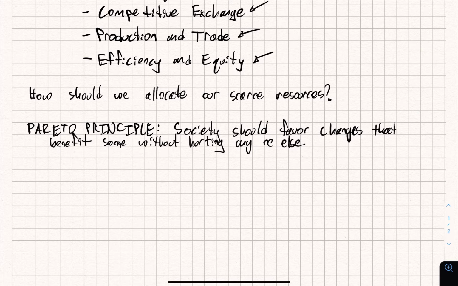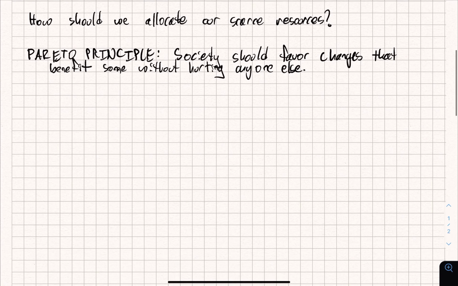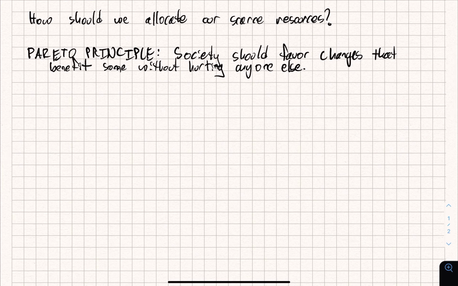So essentially what we're saying is changes are good if we can benefit some, but not at the expense of others. So can we improve some subset, holding everyone else and their welfare constant?